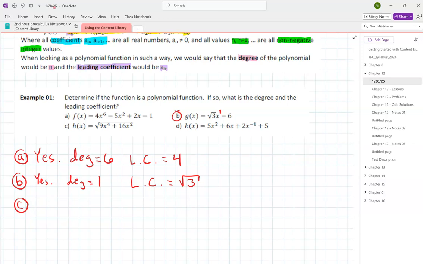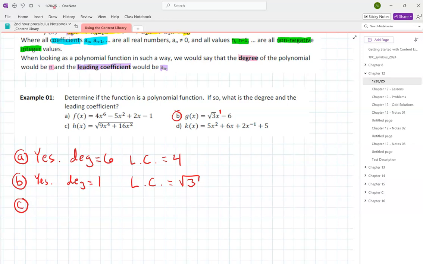C. H of x is the square root of 9x to the fourth plus 16x squared. Is that a polynomial? Did we say yes or no? Yes is incorrect. It looks just like A. What's the difference?